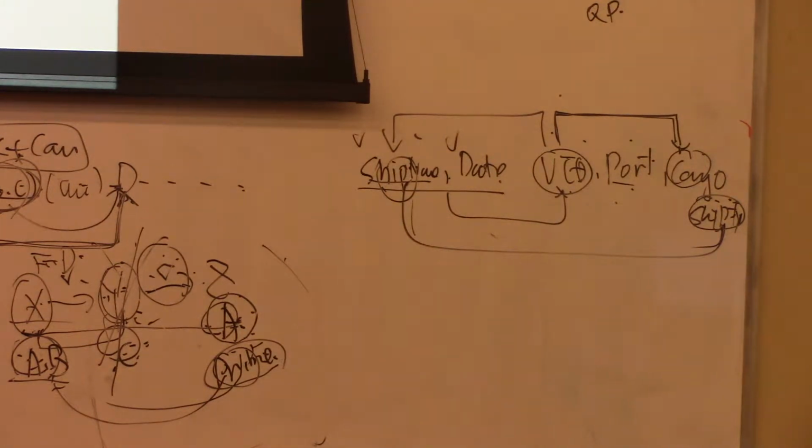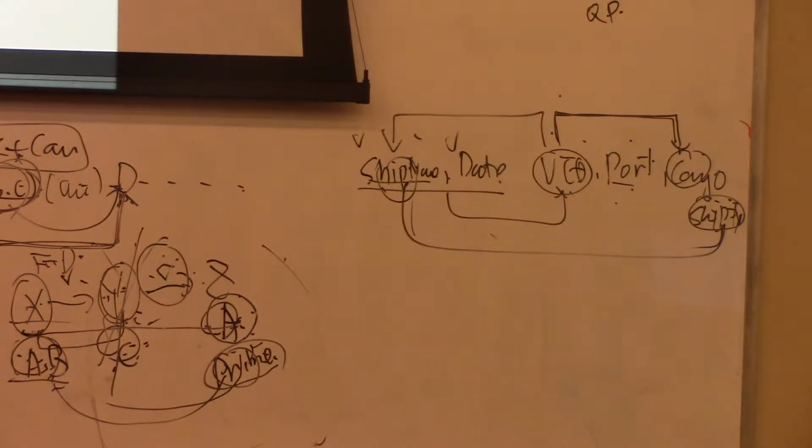Then ship name plus date determine voyage ID, cargo and port. Don't be confused: this one is the first normal form, and the ship and the voyage is the second normal form. Any questions so far? It's so simple. You can just remove the partial dependency.